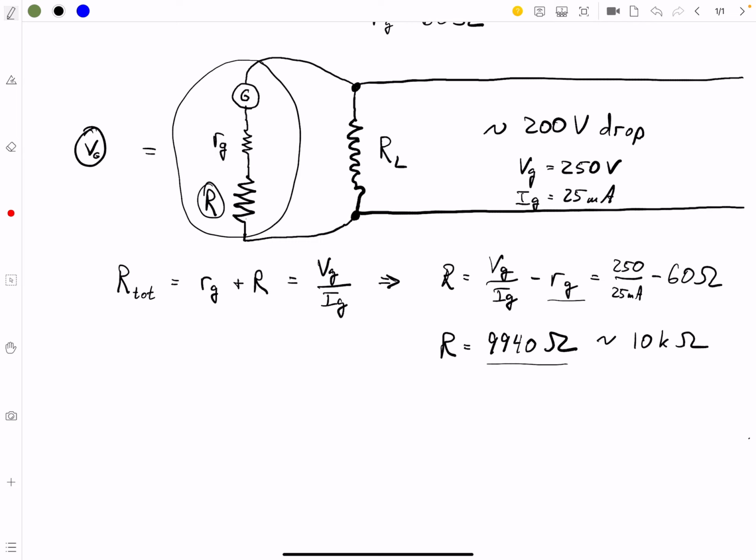Here we go. 25 milliamps. RG, I don't know if you guys remember what RG is, but that was 60 ohms. And IS then is 225 milliamps.